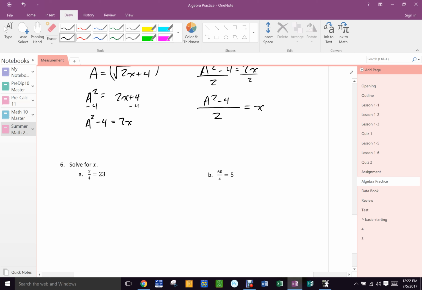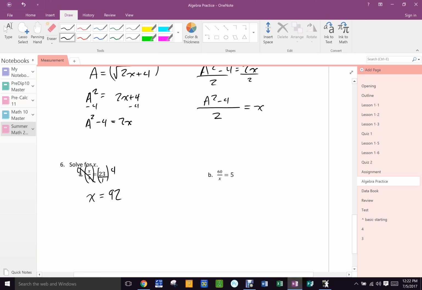You can do this. 23 over 1 and cross multiply. 23 times 4, x times 1. That's the math that you're actually doing. So you're going to multiply both sides by 4, because that will cancel out that 4. X is going to equal 23 times 4, which is 92.